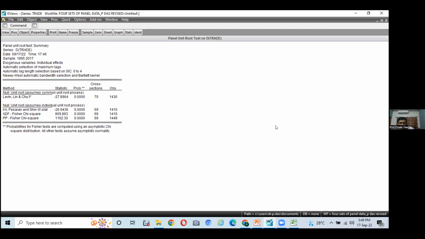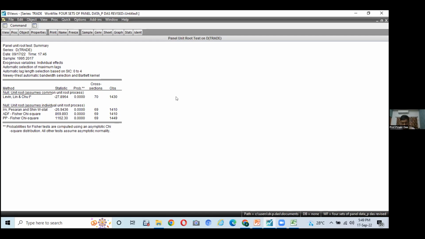The log form of an equation has some specific interpretation. That is why researchers consider the log-log model or semi-log model. That is another reason. But you can transform your variable into log form, that is not the issue. But this log form of the variable is treated as a variable at the level.